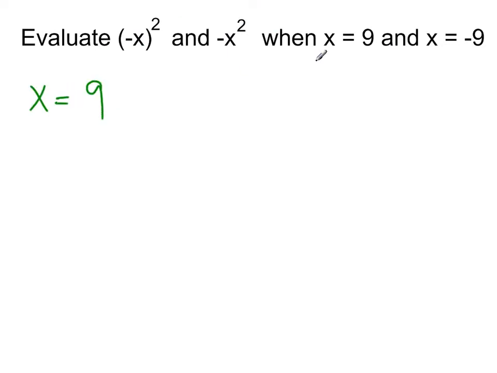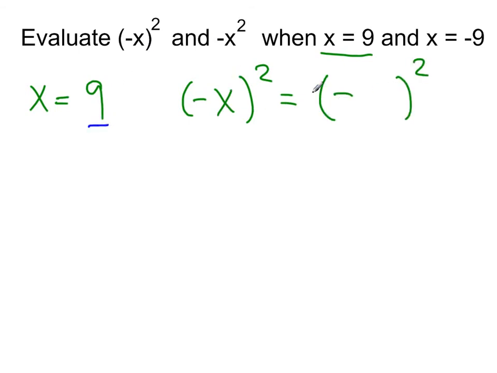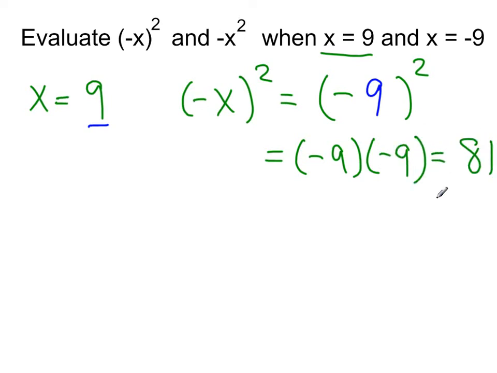Let's start when x equals 9. So the first one we'll evaluate is (-x)². So really, we have negative, instead of x, we're going to plug in what x equals, which is 9. So we have (-9)², which really means -9 times -9. A negative times a negative is a positive, and 9 times 9 is 81.